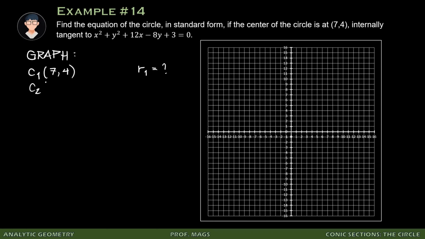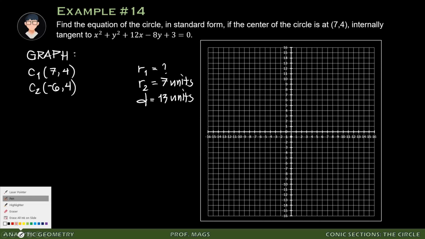For the second circle, ang ating center ay negative 6 and 4. We have the radius of the second circle, which is 7 units. And we also have the distance between the two centers. We have 13 units. Okay? So let us graph these values.